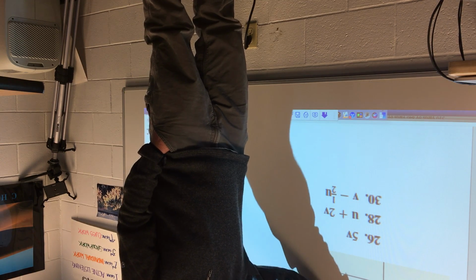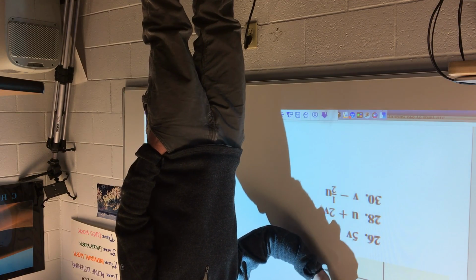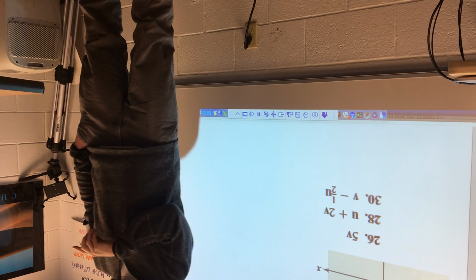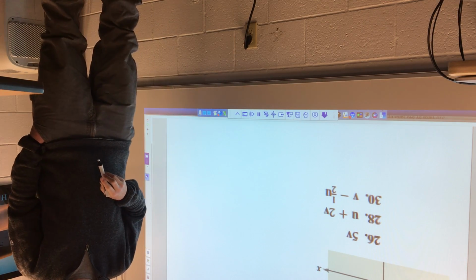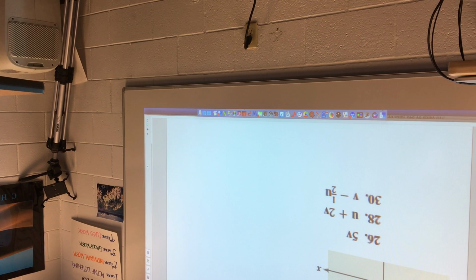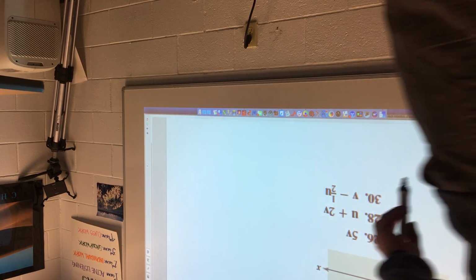I can put the little arrow on, and then that's the resultant, right? From the start of the first one to the end of the second one. Got it. Yeah. And that's called, we didn't talk about the word for that. That's called a resultant vector. When you add 2 vectors together, the answer is a resultant.